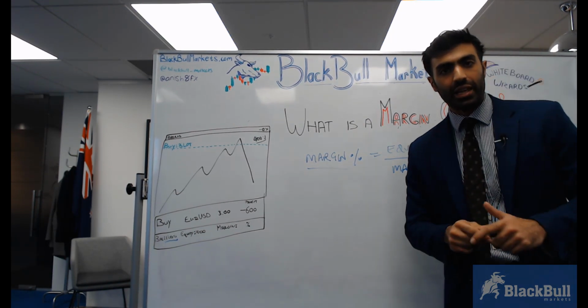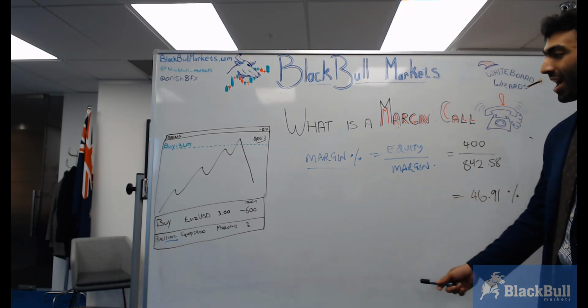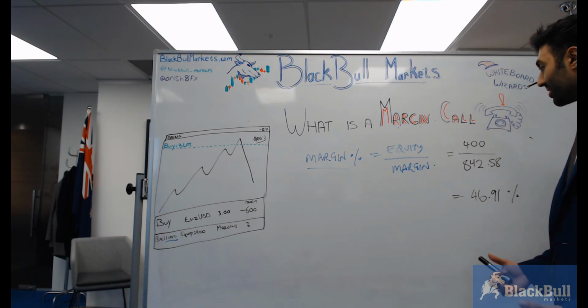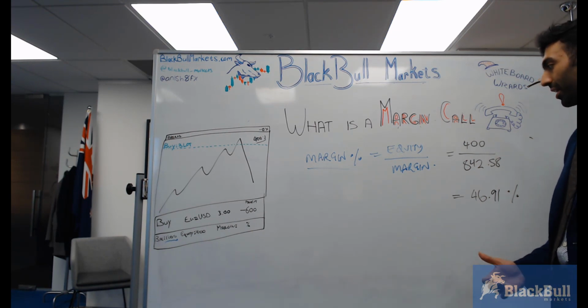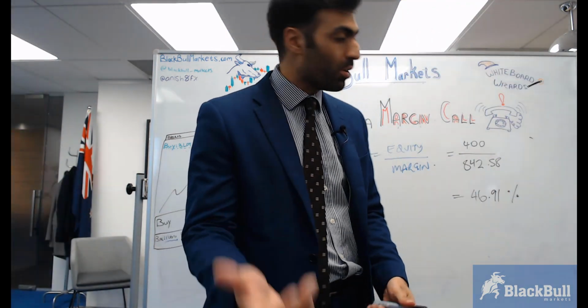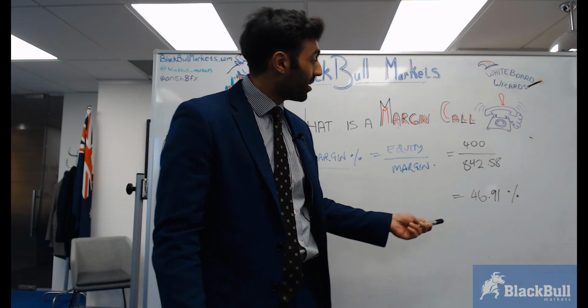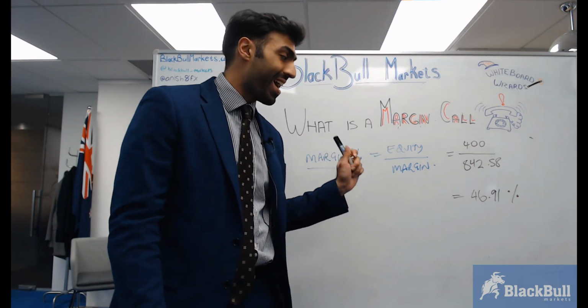So just calculate this. So that's 46.91%. And that is your margin percentage. So it shows you that, look, you're really running very low on margin. You're probably very close to stop out, or if not already being stopped out at this price level you're at the moment.